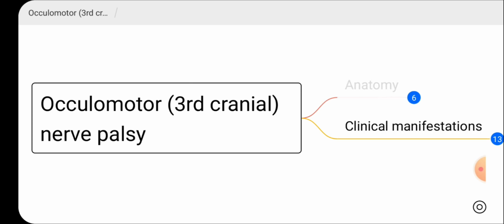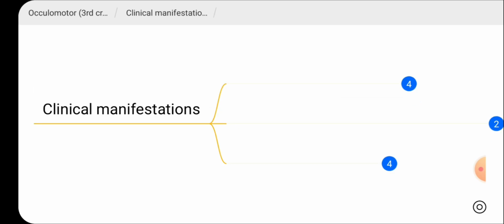Then, let's look at the clinical manifestations of oculomotor nerve palsy. We can divide clinical manifestations into 3 categories: complete external dysfunction, complete internal dysfunction, and partial internal dysfunction.